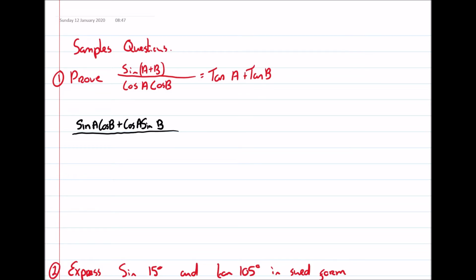Right. And that's all going to be over cos A cos B. And we want to show that that equals tan A plus tan B. Right, we know from the last video that tan theta equals sine theta over cos theta.